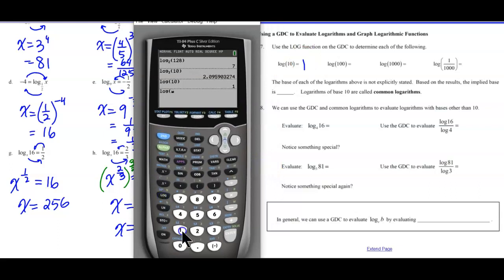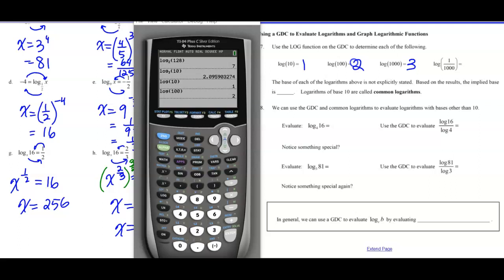Okay, so go through these. Log of 100 is 2. What do you think log of 1,000 will be? 3. Those patterns are kind of like inductive reasoning, right? We're looking at specific cases to come up with a statement. If we get an answer of 1, what we talked about before is the base and the argument have to be the same.